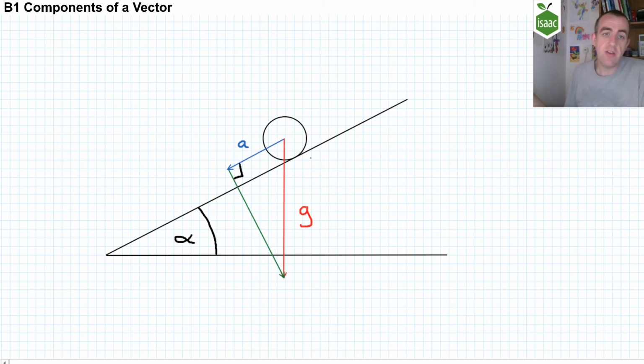But the gravitational acceleration down has two components, the component parallel to the ramp and the component which is perpendicular to the ramp, which I'll just label B. The angle I've drawn here is the same as the angle of the ramp, and you can see that by investigating the angles in these two intersecting triangles. So the acceleration component that is down the ramp is g sine alpha.